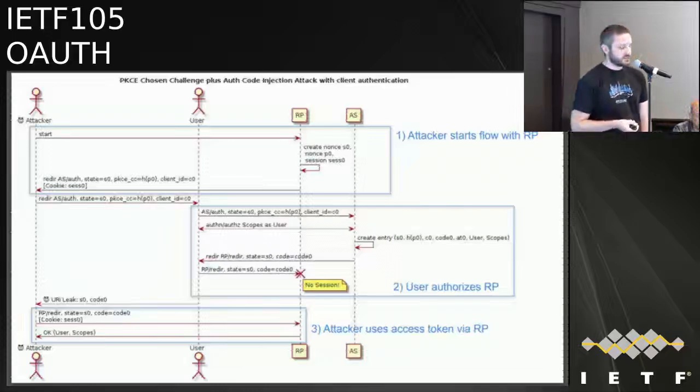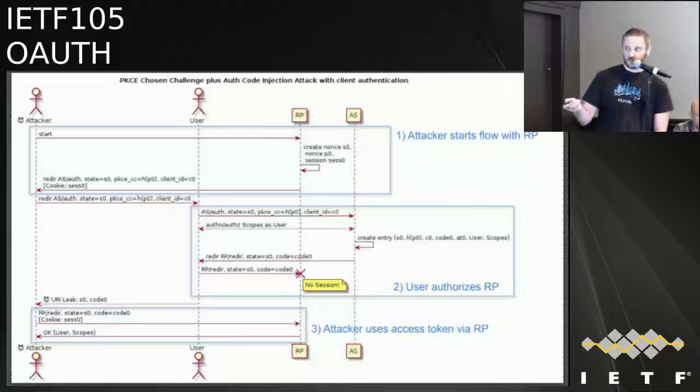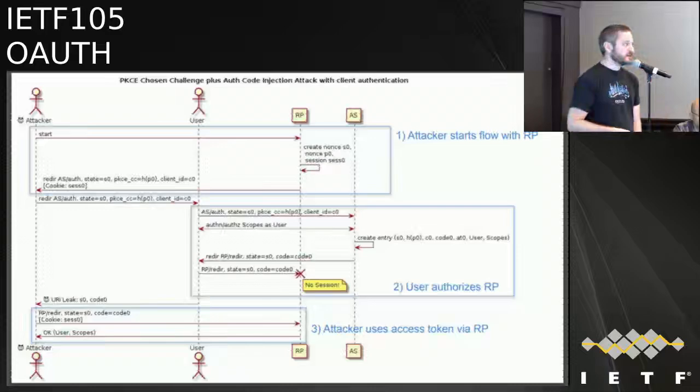But now, since we're in the user's browser, not in the attacker's browser, the redirection back to the client will not be accepted by the client, because the client doesn't have a session with that user. And as I said before, now the attacker can read the redirection response, the authorization response. So the code leaks to the attacker, and the attacker can send that code and whatever else is in that URI to the client.